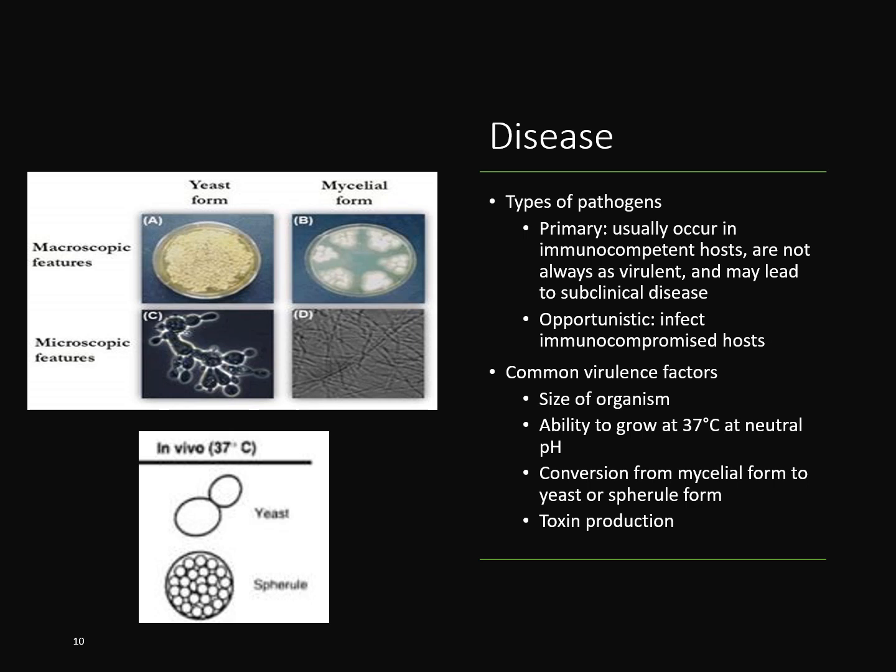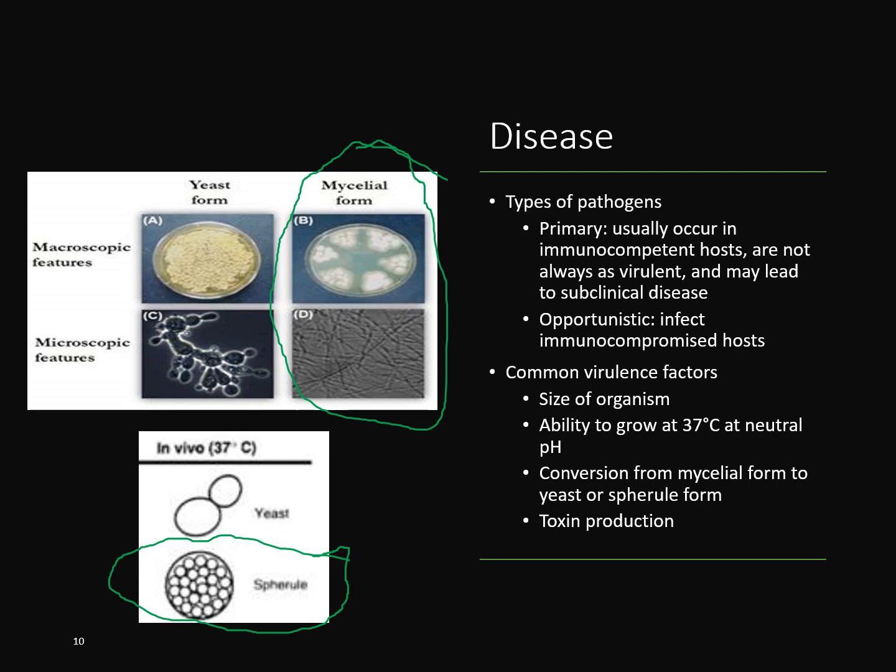And when we talk about a mycelial form, we're talking about the classic form in which it takes on what we typically see growing in our refrigerators, or its ability to convert to a yeast form, which is the next column, or its ability to convert to a spherule form, which is right down here at the bottom, where it's kind of like a little cluster pod. And it also depends on its ability to produce toxins.